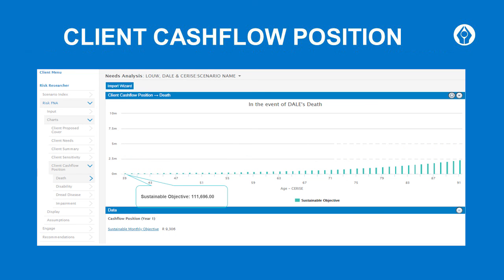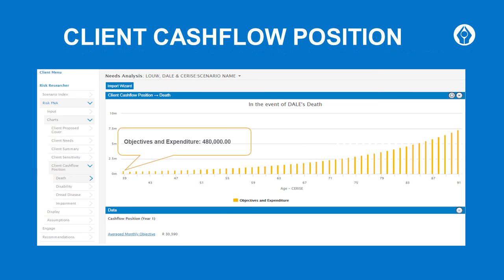Sustainable monthly objective is the maximum monthly objective, escalating at CPI, which can be sustained over the projection period. This includes existing contributions and liability repayments. Averaged monthly objective is the monthly expenditure, excluding existing contributions and liability repayments, averaged over the projection period of the cash flow. It includes CPI escalation annually.